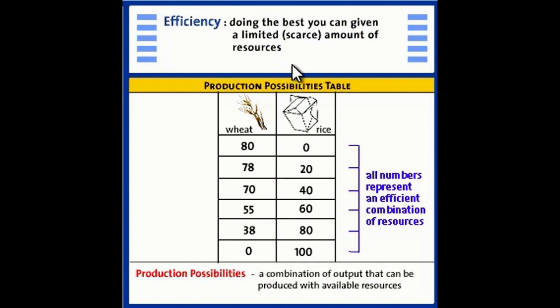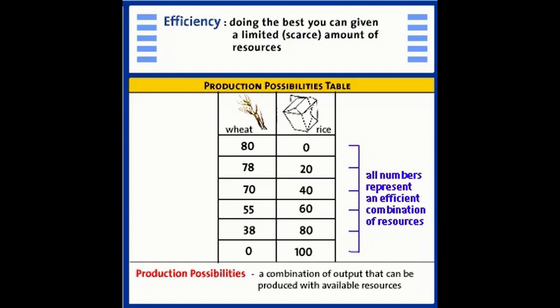If the economy moves some of its resources into the production of rice, and let's suppose that it moves those resources that are best suited for rice production, the wet land, the workers who know more about rice production, tools that are well suited for the production of rice, the economy can produce 20 bushels of rice and still produce 78 bushels of wheat.